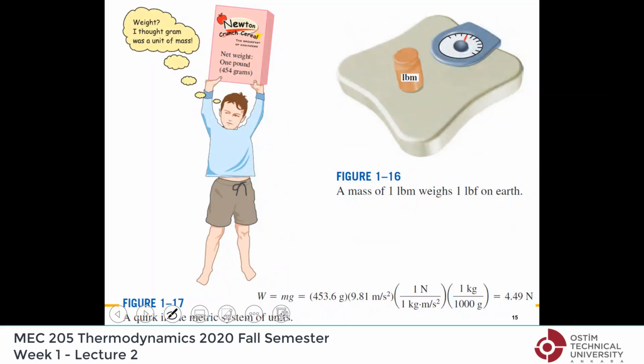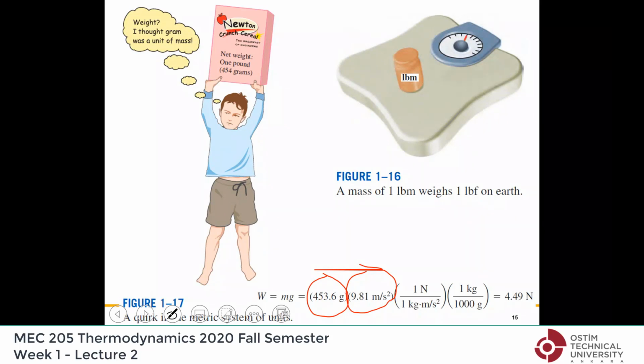For example, you are calculating the weight of something which is that many grams, and g is 9.81 meter per second square. But what is the result here?